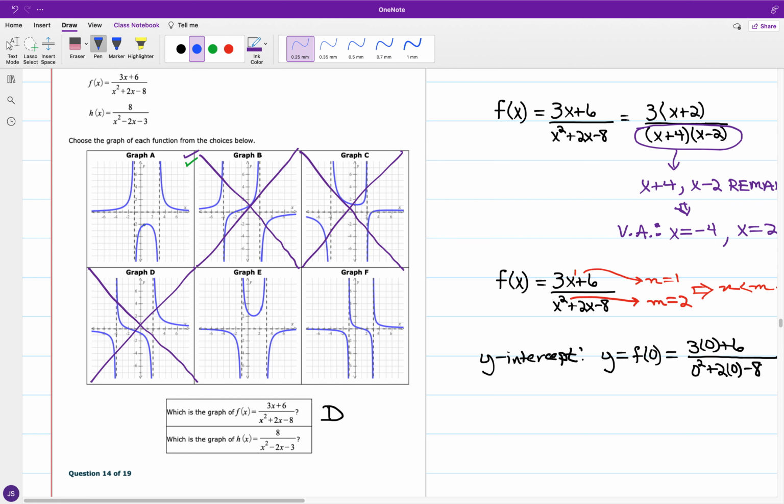Graph E, well, you've got a positive y-intercept, so that goes out. And for graph F, on the y-axis, the intercept is above the x-axis. And so it's going to turn out that for h of x, only A is going to qualify. Okay, so you've got D for f and A for the graph of h of x.